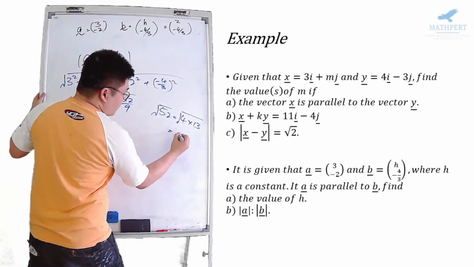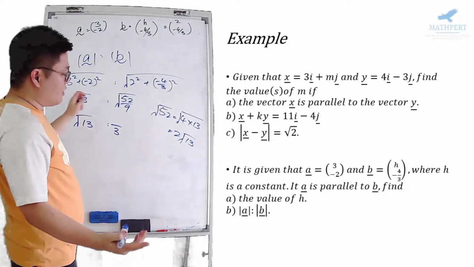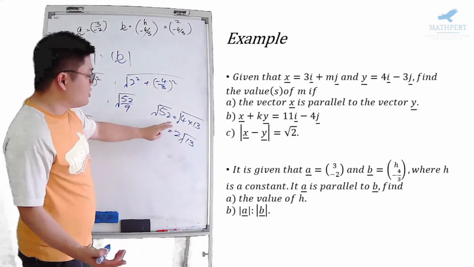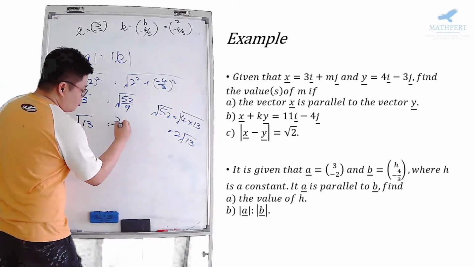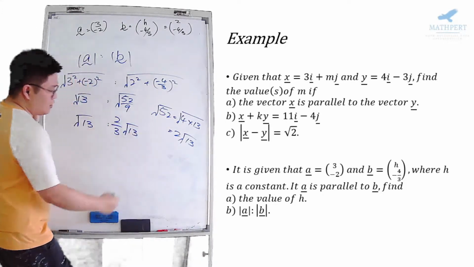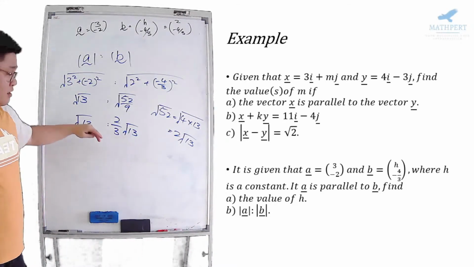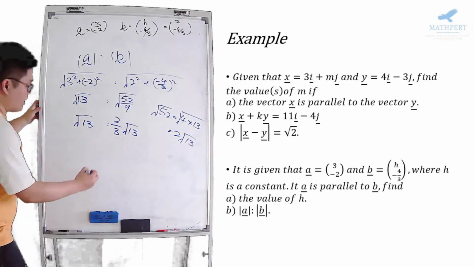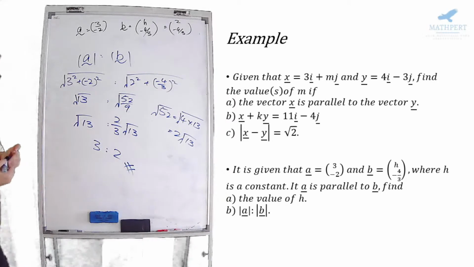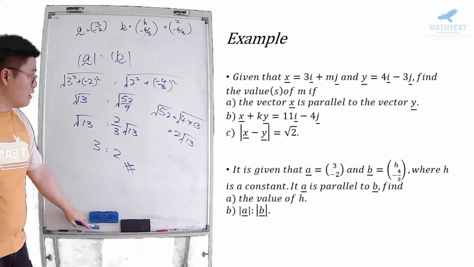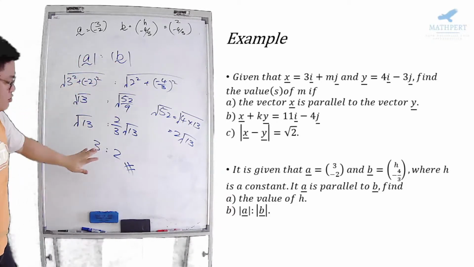So I can take it out, become 2 square root 13. Okay, you can press a calculator. 2 square root 13 is equals to square root 52. So I take out the 2, I left square root 13. Alright, so square root 13, I can cancel it off, and then it will become, the ratio is 3 and 2. Okay, ratio of magnitude of A and B is 3 and 2.